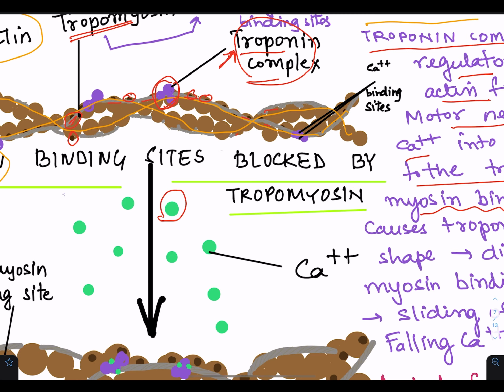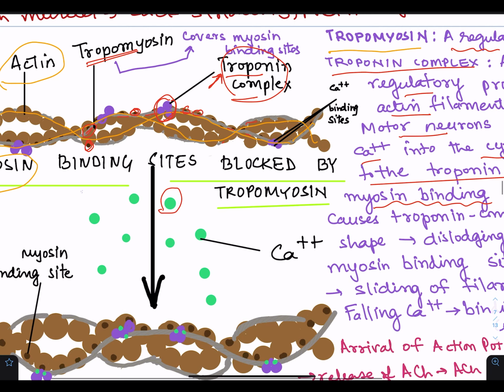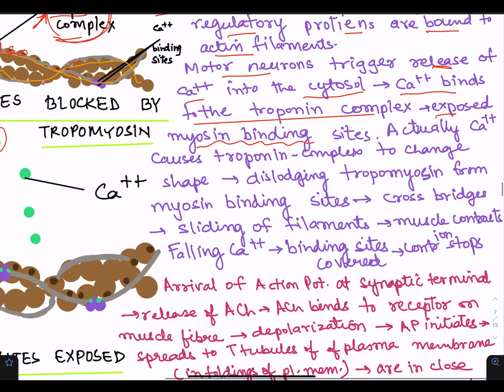These myosin binding sites are actually covered by tropomyosin. But when calcium is released, what will it do? It will bind to this troponin complex, and this causes the troponin complex to change shape.